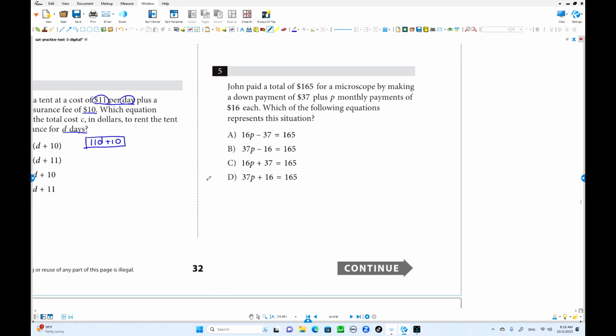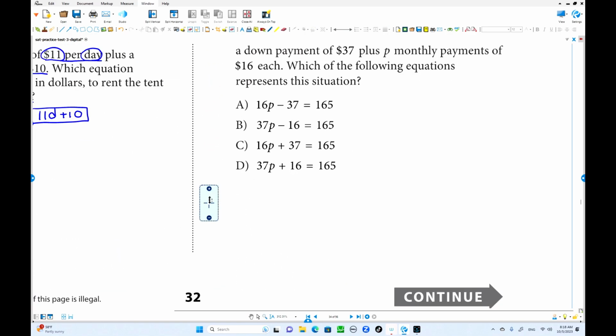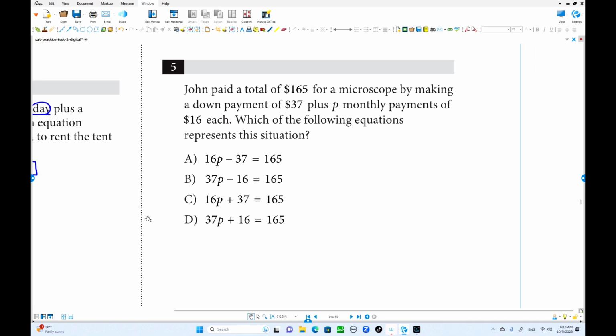Here is number 5. John paid a total of 165 for the microscope. There is a down payment of $37. That is a one-time payment, $37 down payment. The rest he is going to pay over P months.